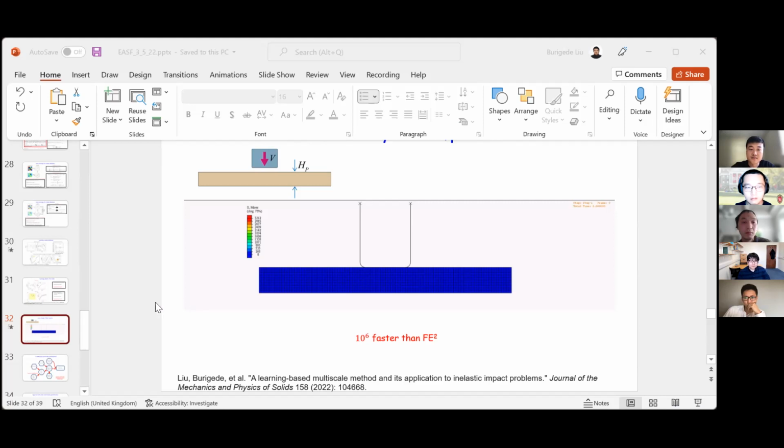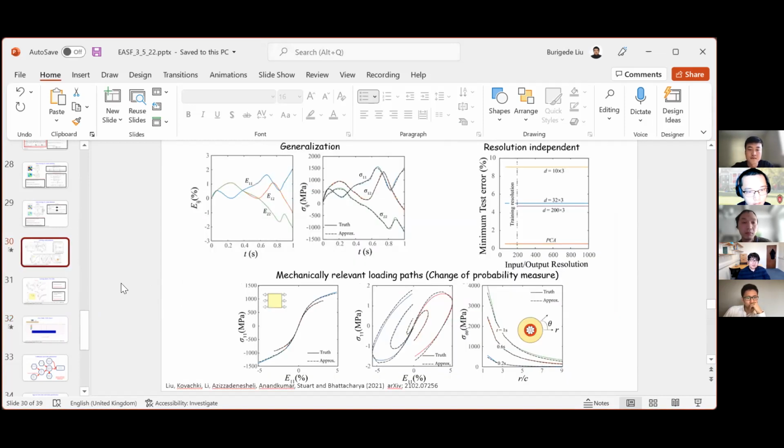Yeah, good question. So the detail of nonlinearity and all that is embedded in the training process. So in training, we generate data using these random functions, and all the geometric nonlinearities, the time dependency, path dependency, and all the nonlinear stress-strain behavior are basically embedded in this training data.